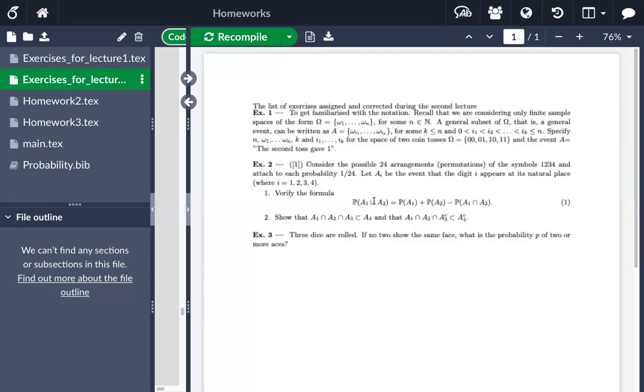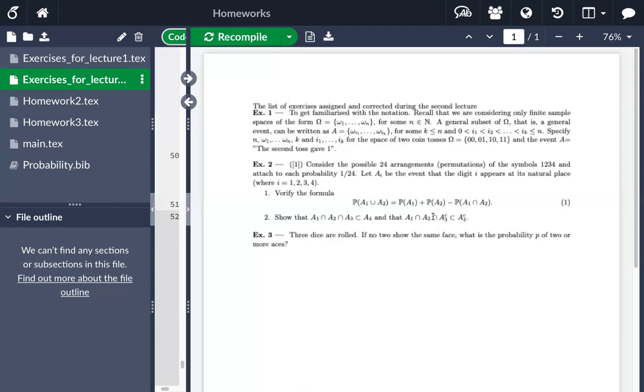So there is only one place for the nth element, and that's exactly an omega that belongs to A4, A_n. Yes, this is A4. And here is 4. And the last one we will do now. Okay, that's correct.